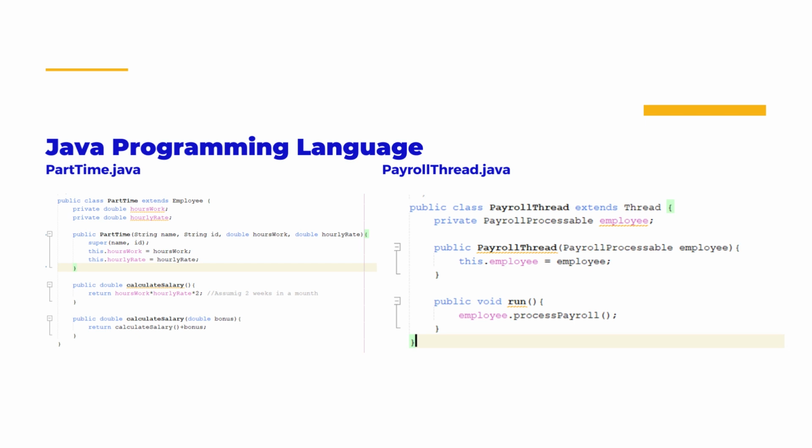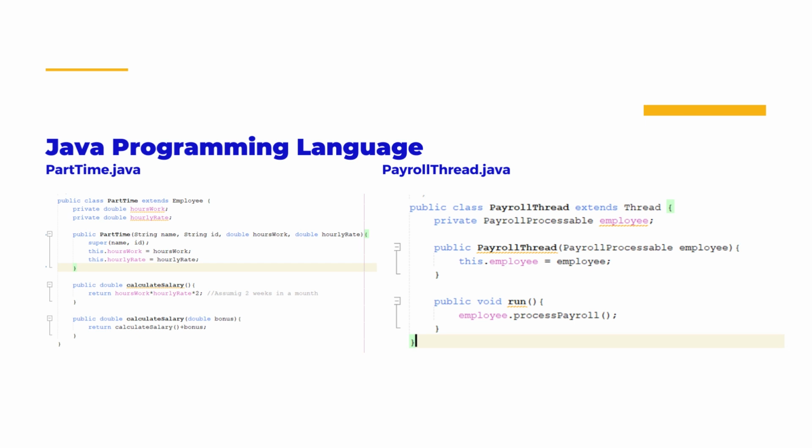And next we have the PayrollThread.java. The PayrollThread extends the Thread class in Java. It is used to create a thread that can process payroll for an employee implementing the PayrollProcessable interface. The PayrollThread class has a private member variable employee of type PayrollProcessable.